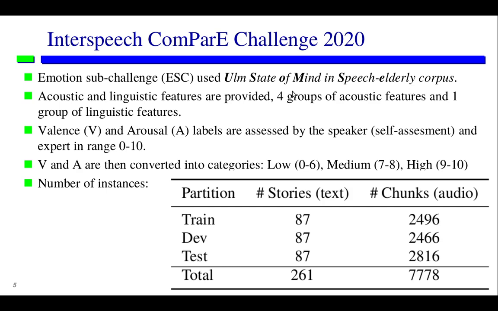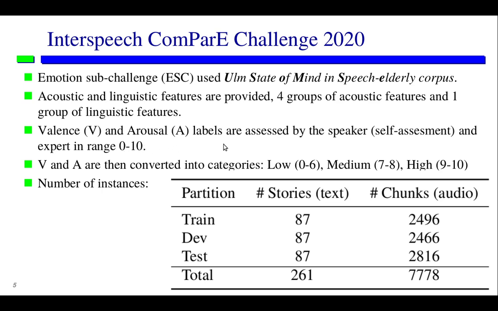Besides providing the dataset, the organizer also provides baseline features, but not a combination. The first is acoustic feature. There are four groups of acoustic feature, and then one group of linguistic feature. They provide labels in valence and arousal. The original labels are numerical values from 0 to 10, for valence and for arousal.